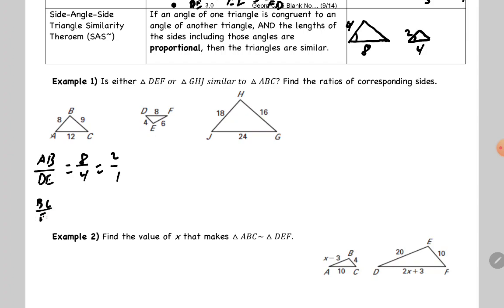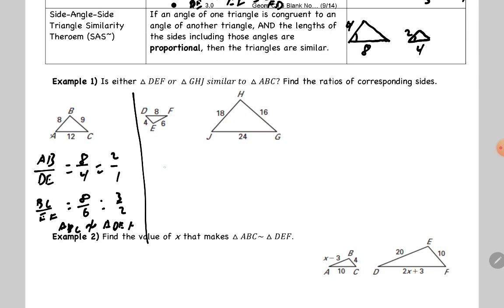BC over EF is 8 over 6, which is 3 over 2. So not similar. So ABC is not similar to triangle DEF, and you draw a squiggly with a line through it. Triangle 1 and 2 are not similar.